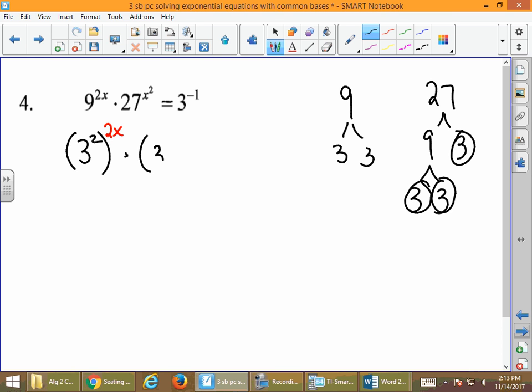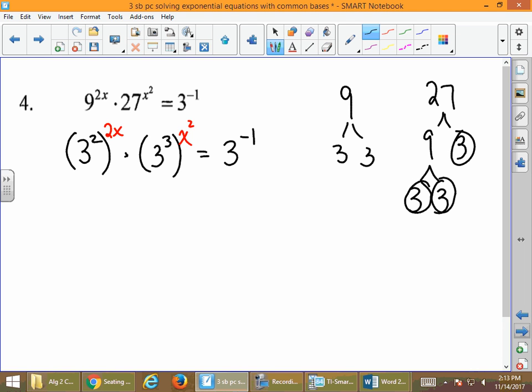So 27 is 3 cubed. But don't forget, it's to the x squared. And we don't need to do anything over here on the right side of the equals, at least not yet. Common bases: turn the equation into common bases whenever you can.